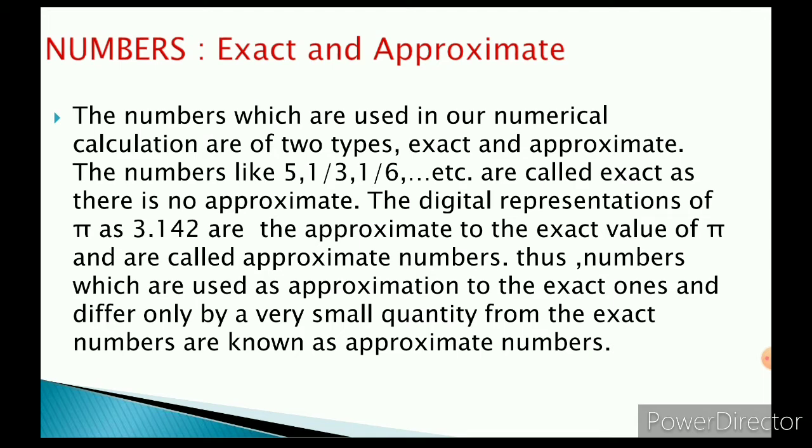Therefore, the digital representation of root 3 as 1.732 and of pi as 3.142 are approximations to the exact value of root 3 and pi and are called approximate numbers. Thus, numbers which are used as approximations to the exact ones and differ only by a very small quantity from the exact numbers are known as approximate numbers.